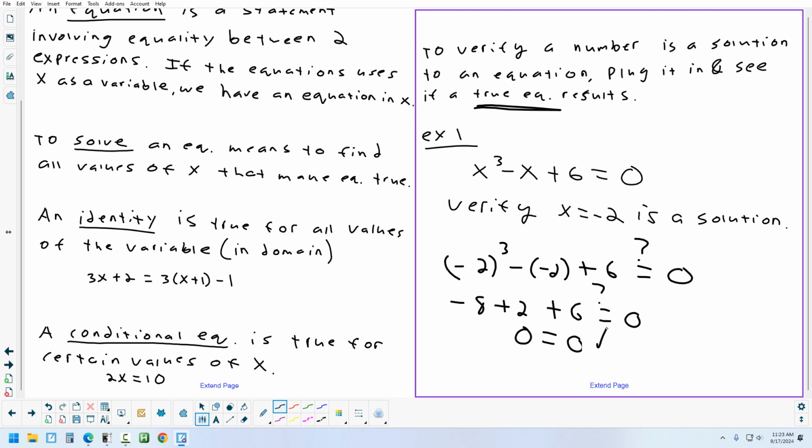If you plug it back in and you do all the arithmetic right, and you end up with like 0 equals 5, what would that mean? Yeah. Not a true solution. It means it's not a solution. The number that you found doesn't work, assuming you did your arithmetic right when you checked it. Okay, so any question on how to verify if a number is a solution?